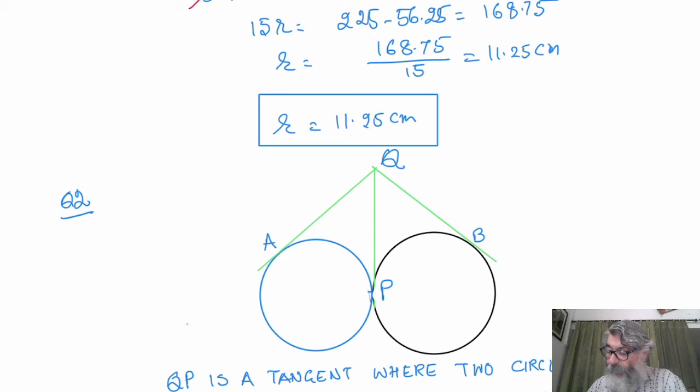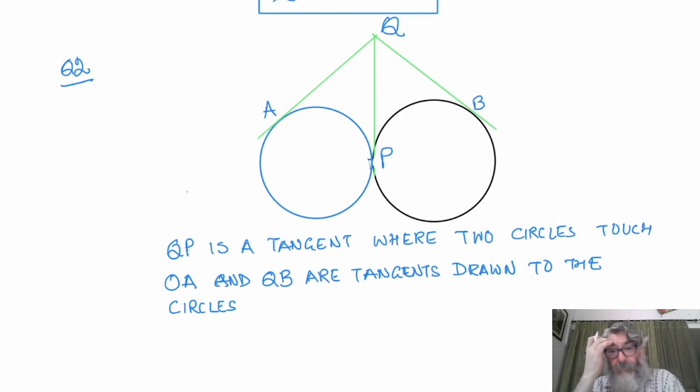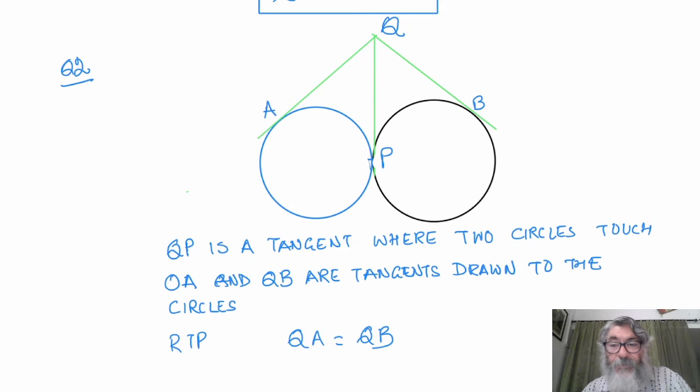You can notice that the blue one is a smaller circle and black is a larger circle. So these are the two circles. From point Q we have drawn tangents QA and QB. We require to prove QA is equal to QB.